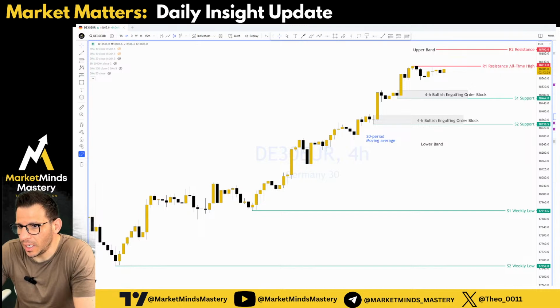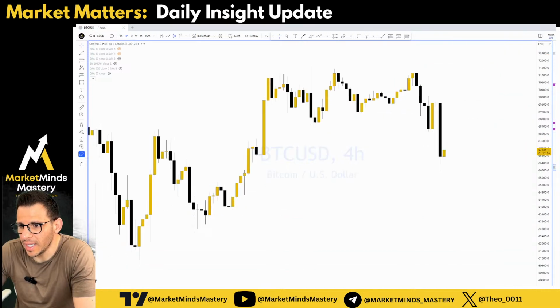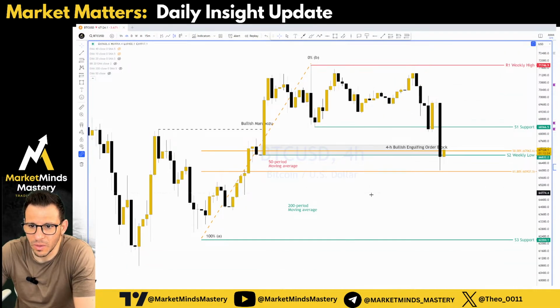And last one for today, guys, it's going to be the Bitcoin. Bitcoin didn't create a high higher than the previous weekly high, and it started moving lower. Yesterday it found support where we marked the S1, pushed a little bit higher.